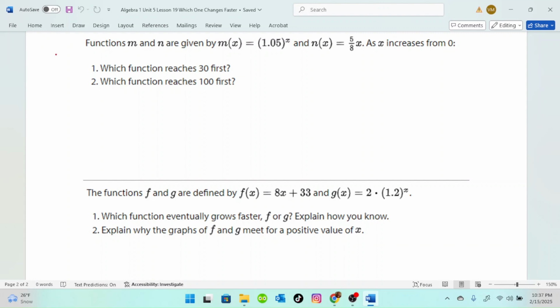So what we're going to do is go into the Desmos.com calculator, and we're going to put these two functions in, and then we'll be able to see which one reaches a y value of 30 first, and which one reaches a y value of 100 first.